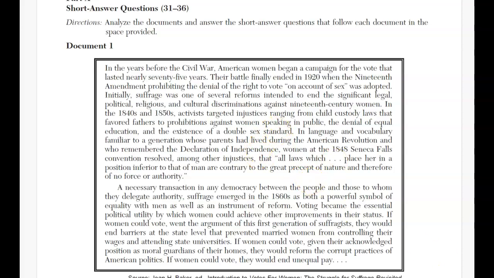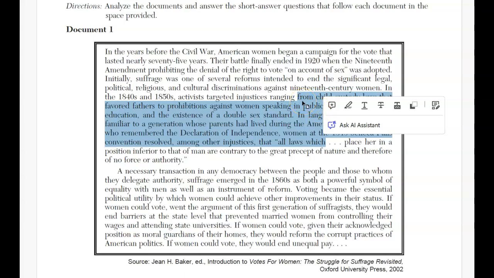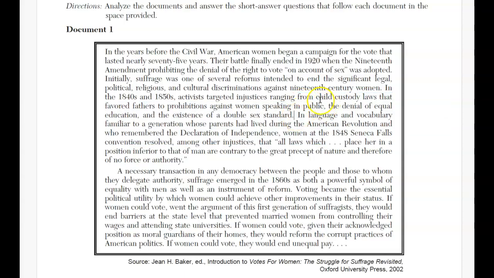You can then use this to talk about the situation women were in terms of historical context. Document 1 talks about women were discriminated against in child custody laws, in denial of equal education, in control over their wages, and etc. So you could use that for that.